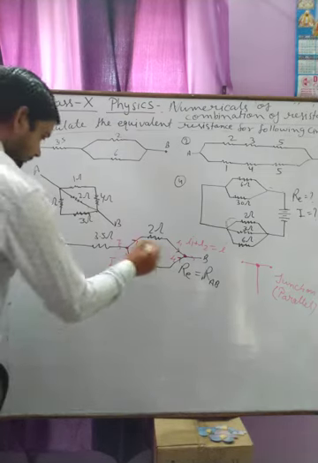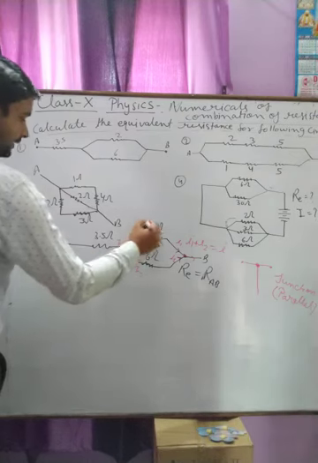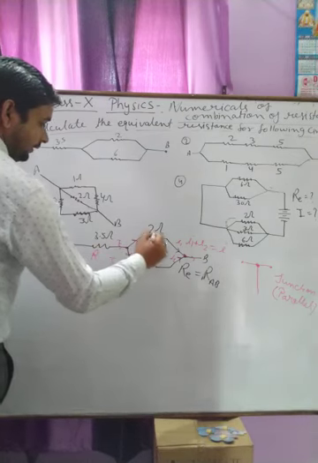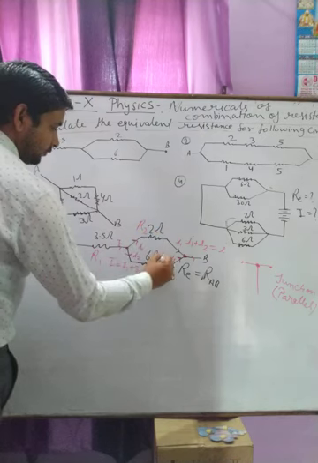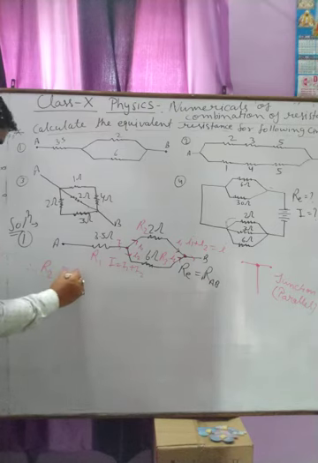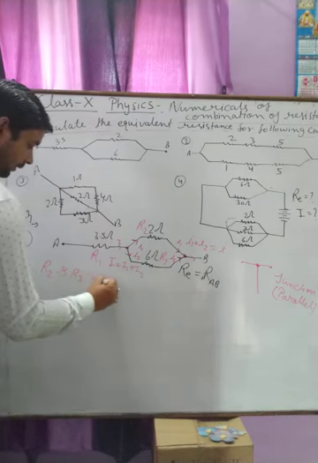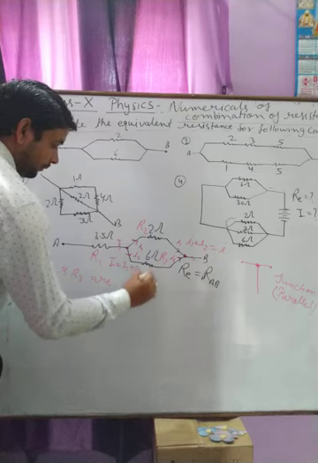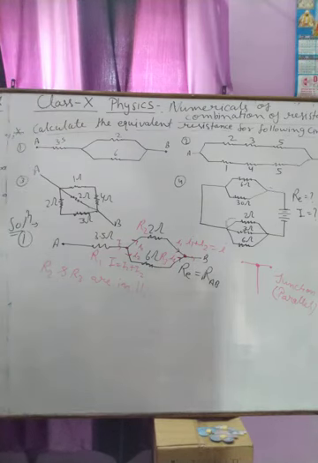So first we calculate this. Let it be resistance R1, this is R2, and this one is R3. Therefore R2 and R3 are in parallel combination.